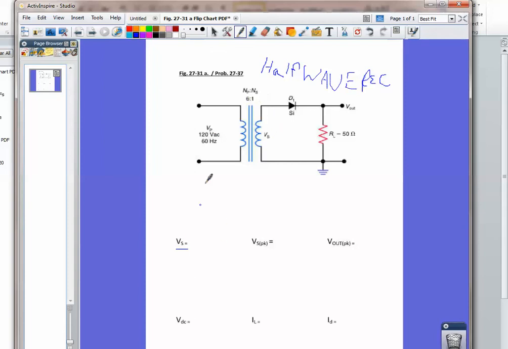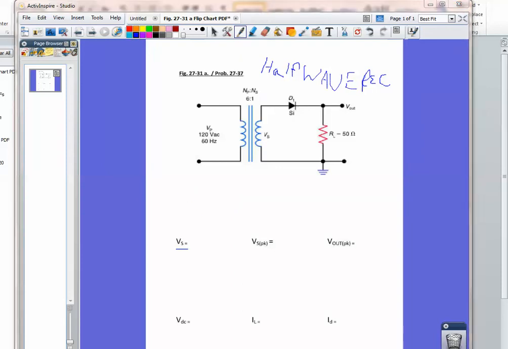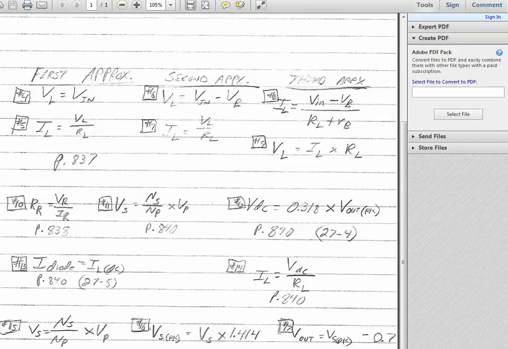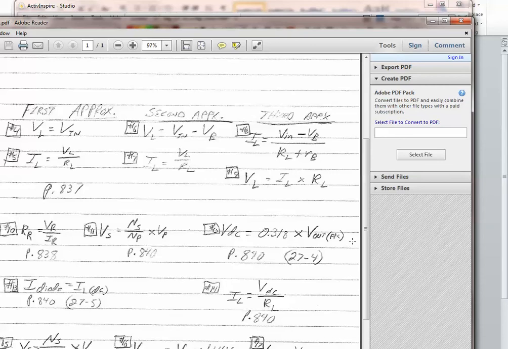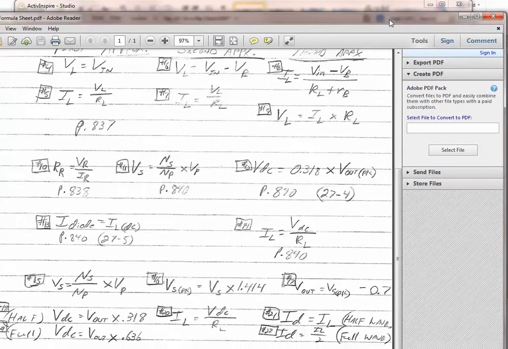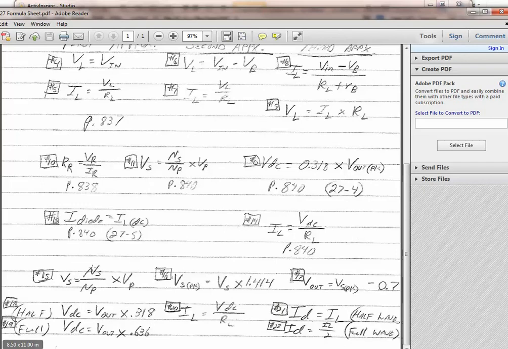So the first question is, if you have 120 volts on your primary and you need to know the amount of voltage on your secondary, what would that voltage be? Well, we have to use the formulas on your formula sheet. I have the formulas numbered, and we would be looking at formula number 15 right here.